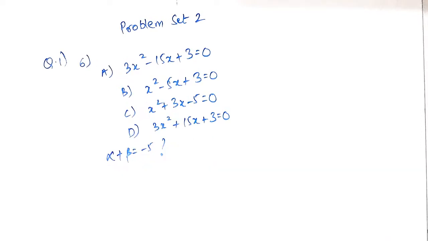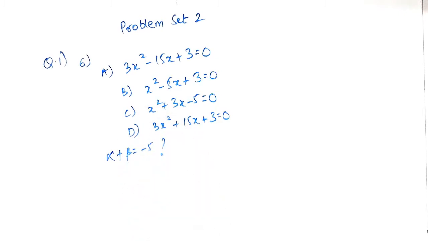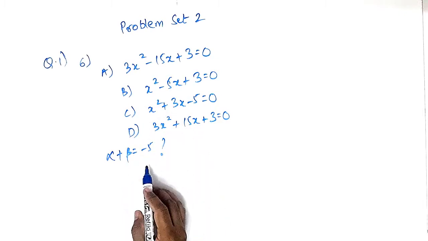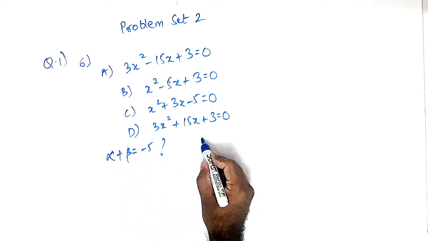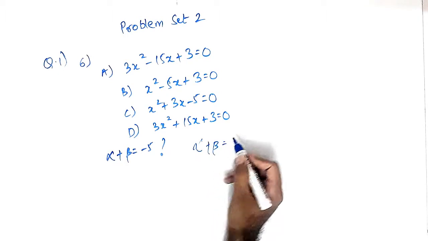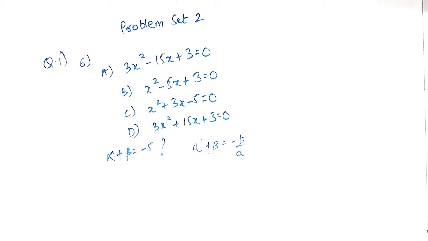Okay, then question number 6 says that which of the following equations has sum of the roots as minus 5? You know, sum of the roots means alpha plus beta, we take it as minus b upon a, correct?